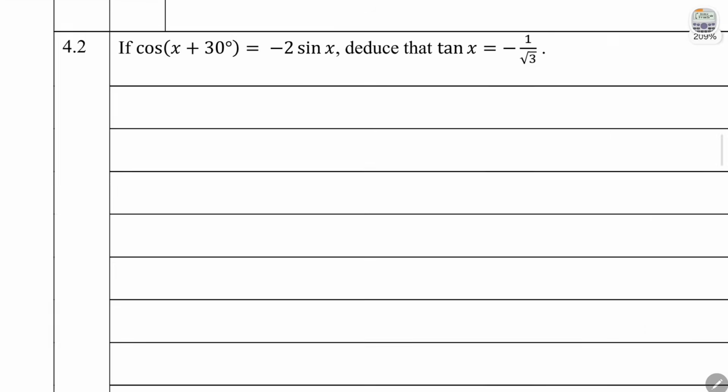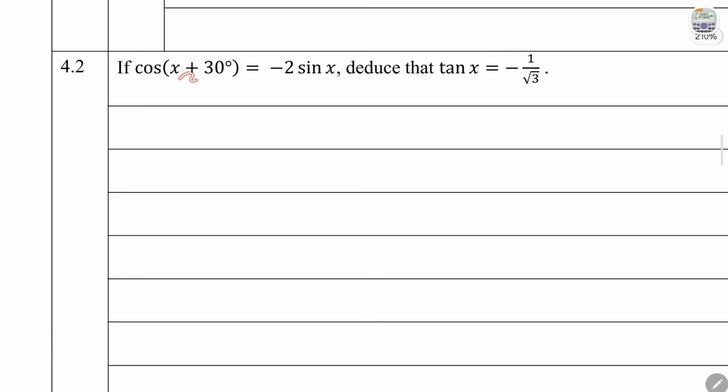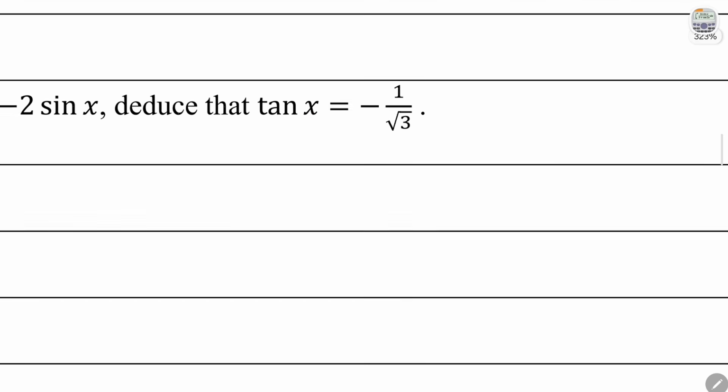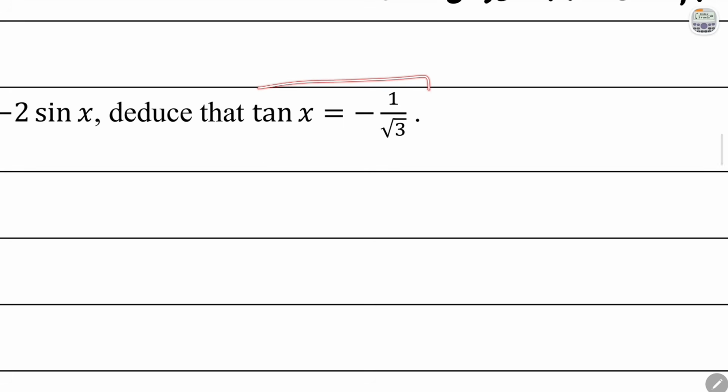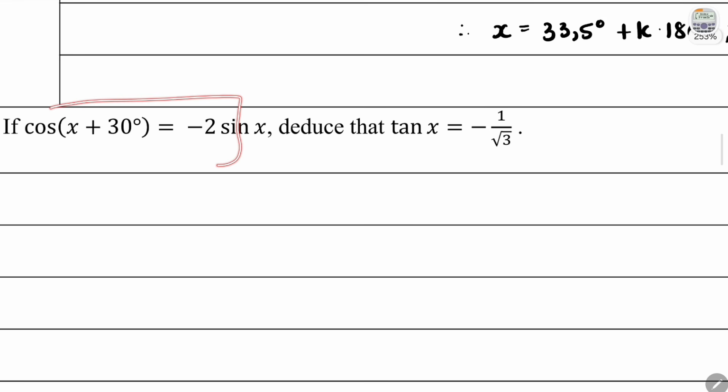Question 4.2 says, if cos(x plus 30 degrees) is equal to negative 2 sine x, deduce that tan x is equal to negative 1 over the square root of 3. Since we have to deduce that tan x is equal to negative 1 over square root 3, we could have tried to focus on making this equation look like this.